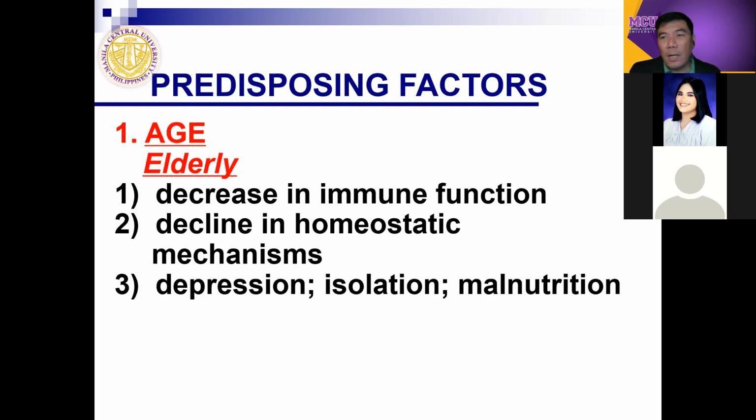So most of the elders are at high risk, predisposed rather, for depression. Predisposed, may tendency, they may have a tendency. Kaya yan yung term na ginagamit: predisposed, contributed, or it may have a tendency to have depression.